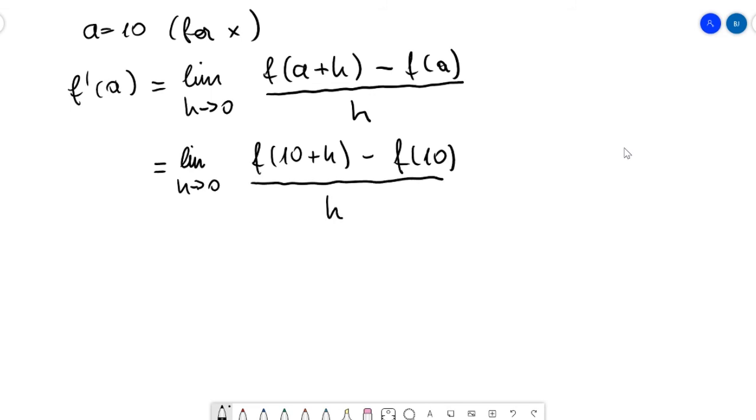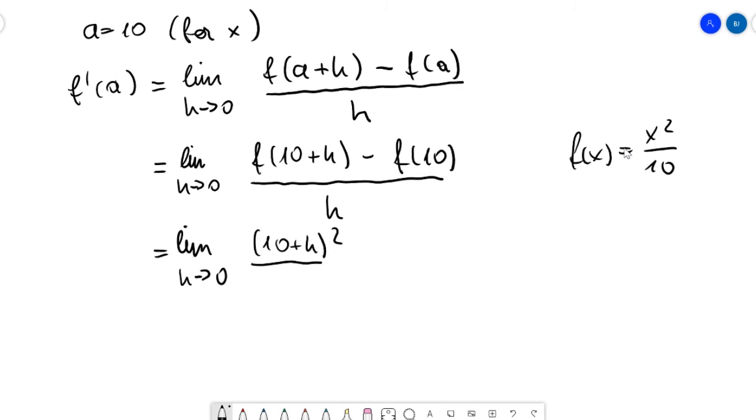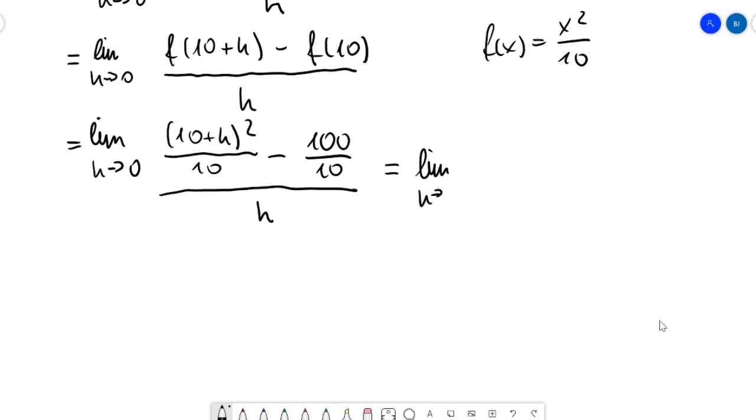We know f of x equals x squared divided by 10. So we have to find the values for a equals 10, which is 10 plus h squared divided by 10 minus 100 divided by 10, all divided by h. Let's continue. So we have 100 plus 20h plus h squared, divided by 10, minus 10, and everything is divided by h.